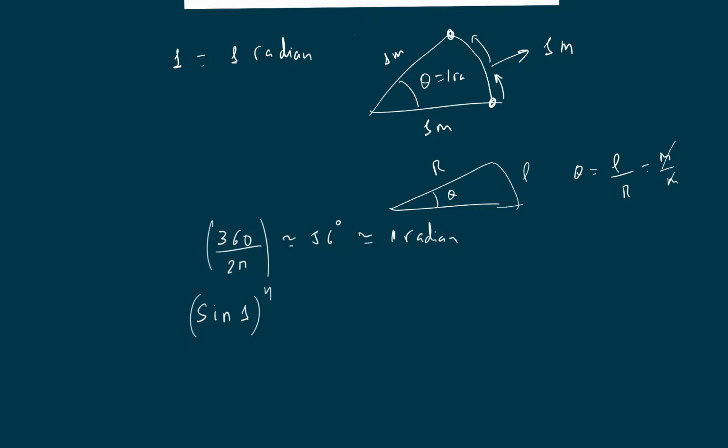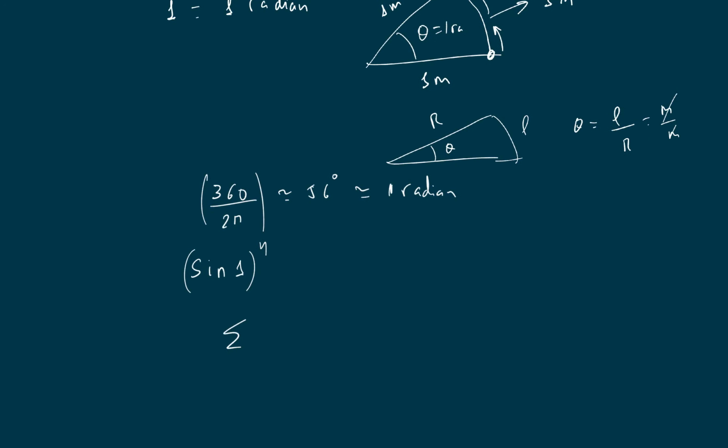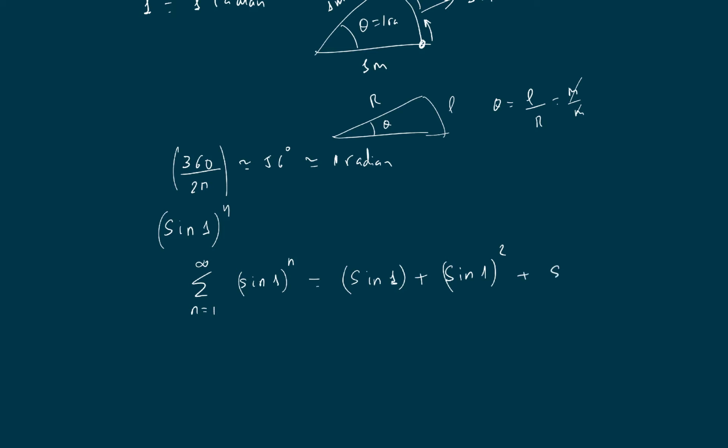So this is positive, a geometric series, so the summation from n equals 1 to infinity of sine of 1 to the n is, for n equals 1, sine of 1. For n equals 2, sine of 1 squared. For n equals 3, sine of 1 cubed.